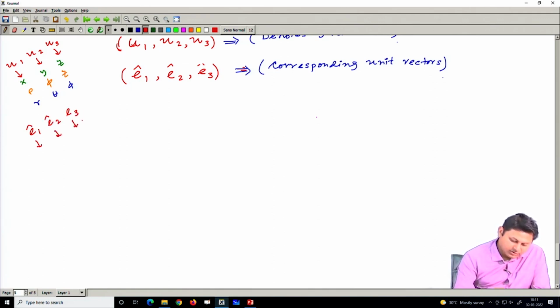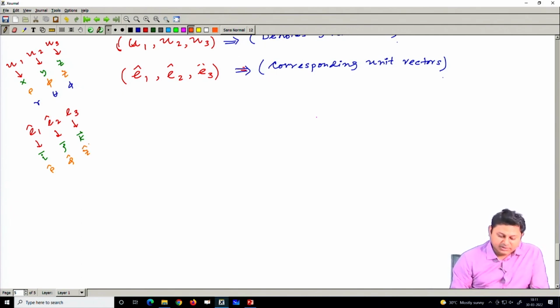For our known coordinate systems, this is simply i, j, k for Cartesian, rho unit vector, phi unit vector, z unit vector in cylindrical, and r unit vector, theta unit vector and phi unit vector in spherical polar.